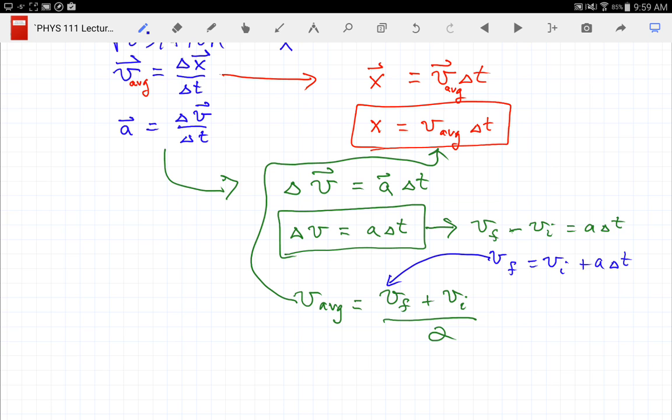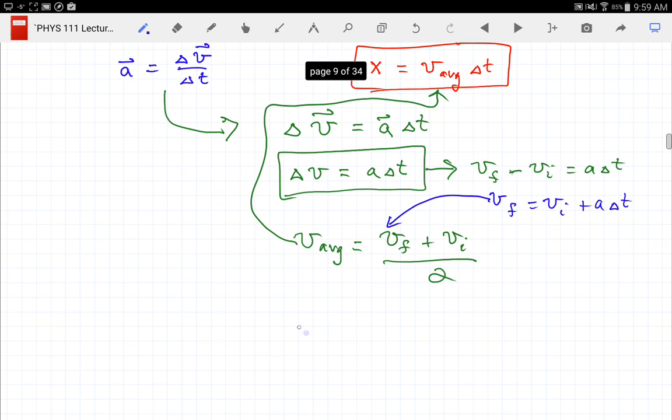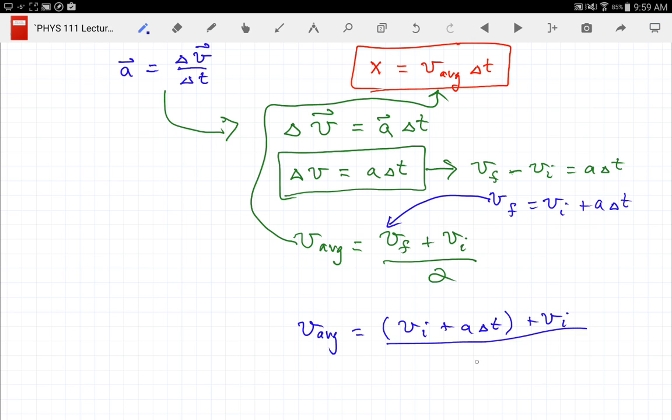Okay, so I'm going to substitute that blue in for V final, and I'll have that.